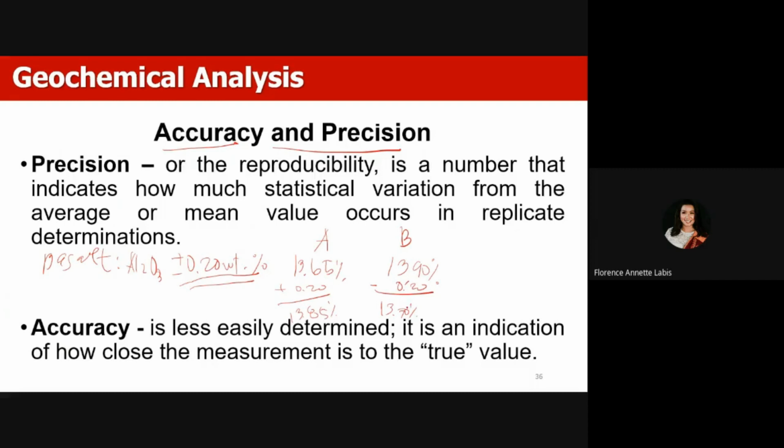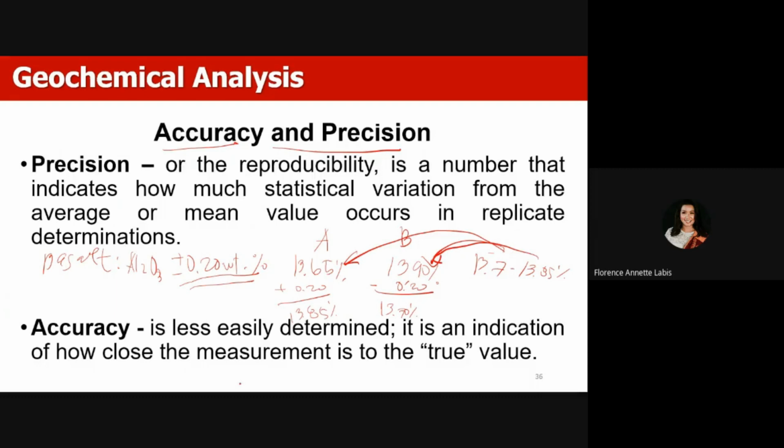So that means it is still possible that the two samples come from the same magma source, because their composition ranges from 13.7 to 13.85, which is very close to these values, right?